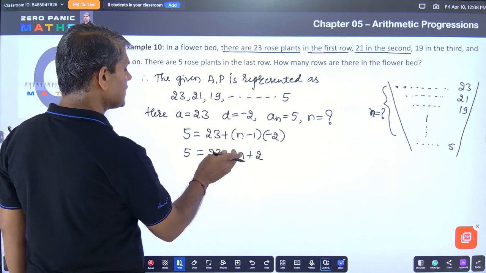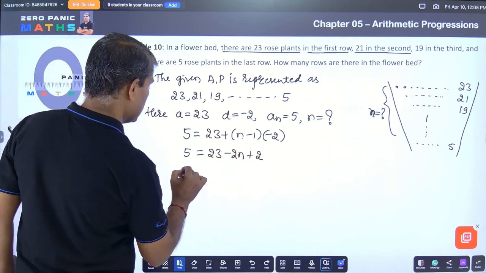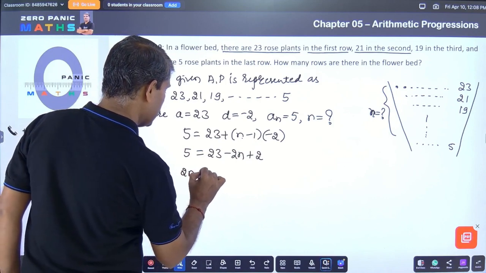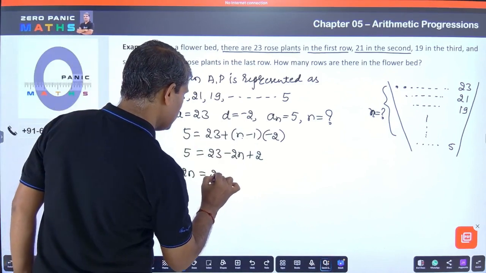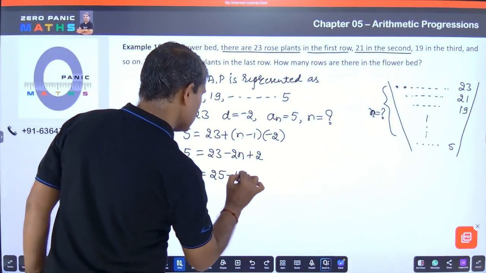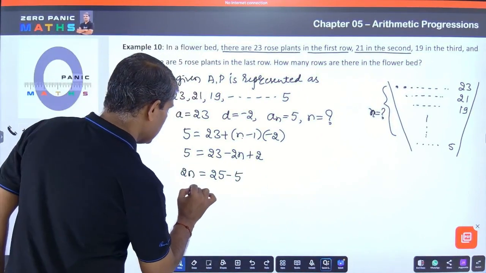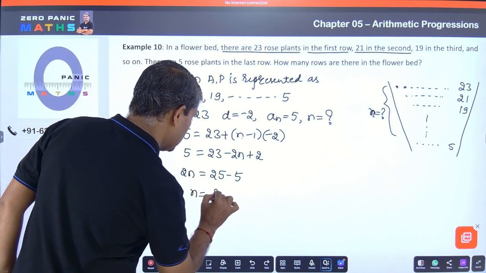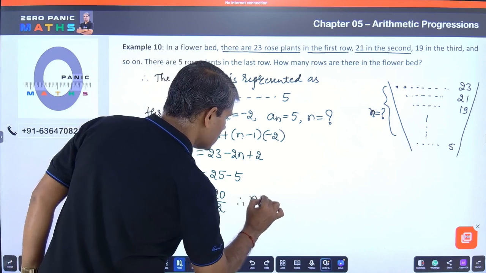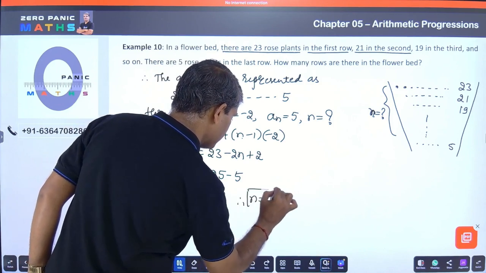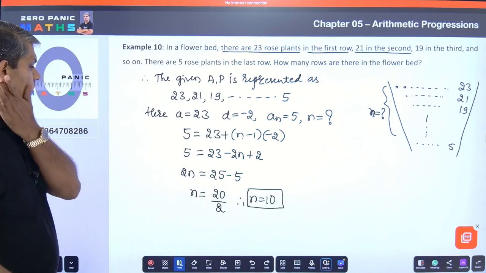Keep 25 on that side and take minus 2N to the left side, it becomes plus 2N. Take 5 to that side, it becomes 25 minus 5. So N is equal to 20 divided by 2. Therefore N is equal to 10.